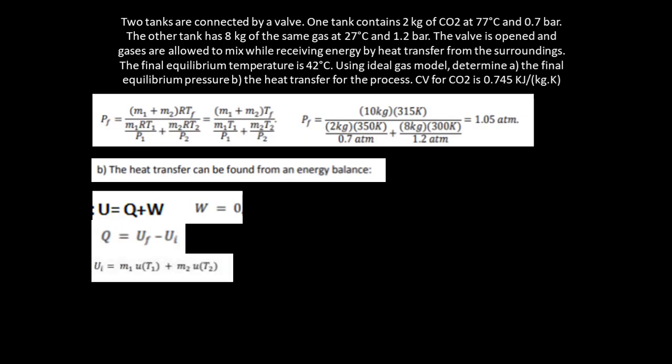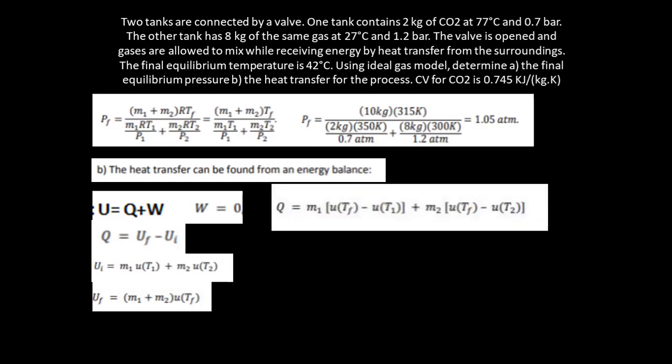Now, if we're going to further simplify U1, or the internal energy at the initial state, UI is equal to M1 times u times T1 plus M2 times u times T2. For the final internal energy, UF is equal to the sum of both masses, M1 plus M2, multiplied with the u times the equilibrium temperature TF.